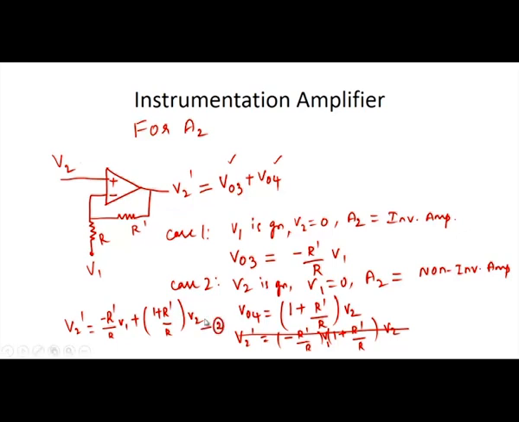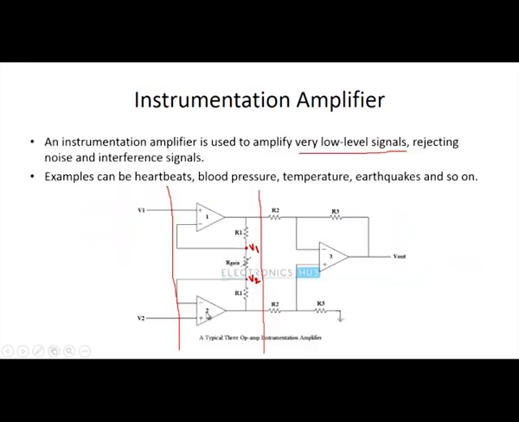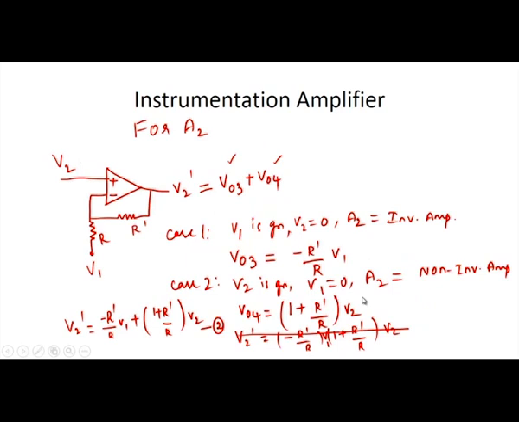So, this is equation number 2. Now we have calculated this voltage V1 dash and this voltage V2 dash. These V1 dash and V2 dash are given to the differential amplifier's input terminals. Again, by using the superposition theorem, we have to find out the output of the differential amplifier circuit.